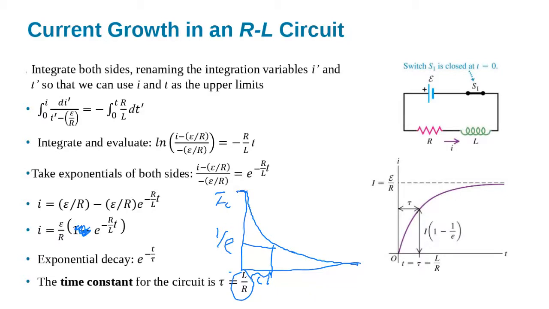And when we have the current growth where it's connected to a battery, we're starting from 0, and the time constant tau is the time taken for the current to increase from 0 to a value that's 1 over e of the final value.